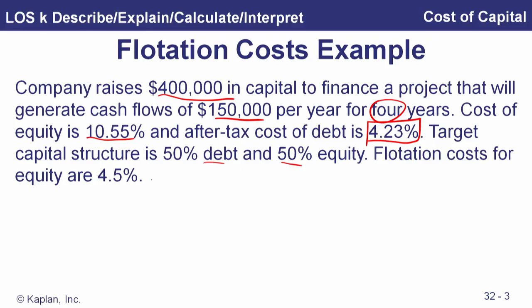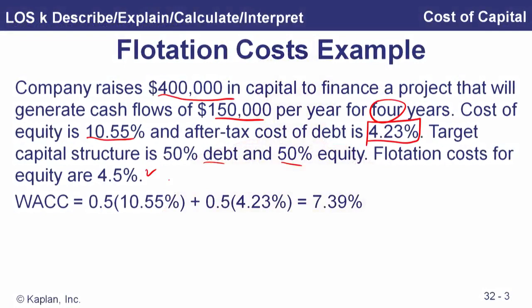Flotation costs for equity are 4.5%. So we have to figure out how much equity we're raising, given our target capital structure. And then we can figure out our flotation costs, and then we can change our calculation of net present value by incorporating those flotation costs into the initial cash outlay.